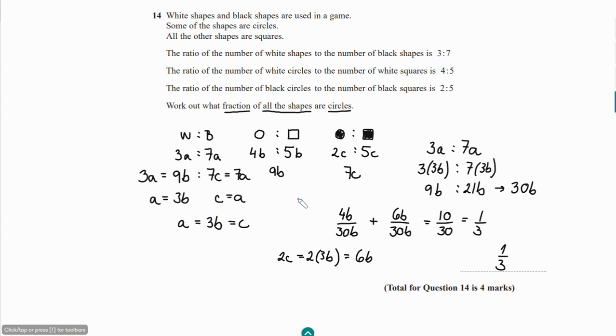This could be discussed later when I'm dealing with a specific topic. You might prefer other ways, but this is just one way to show you how you can deal with this sort of question. It was maybe a little more difficult to think about how to get there, but definitely not impossible. So 1/3 is our answer.